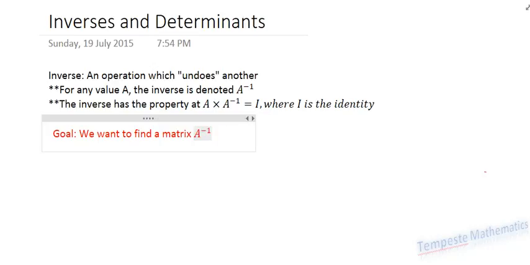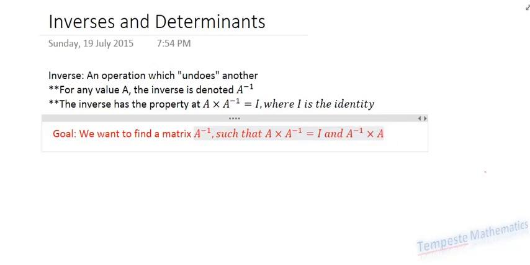Such that A times A inverse is equal to the identity, and multiplication should work both ways, so 2 times 3, 3 times 2. Also, we want that A inverse times A is equal to the identity.